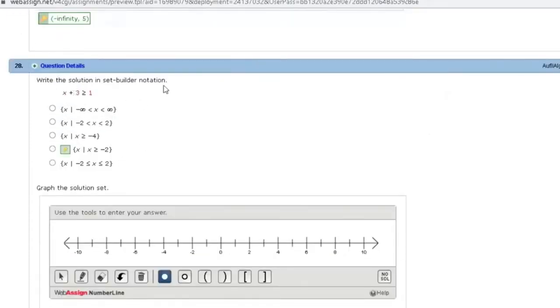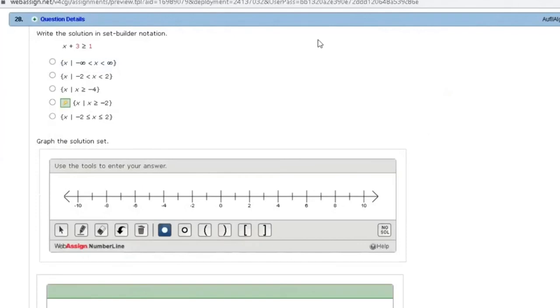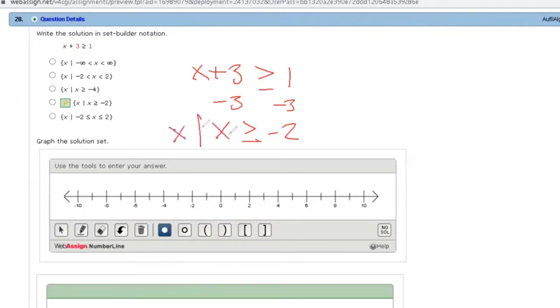So if we look at this one, same situation. We just have that equal to. So it's x plus 3 greater than or equal to 1. Still subtract 3 from both sides. We get x greater than or equal to -2. And we find the set builder notation that mimics this. We have the x here in the bar and then this.